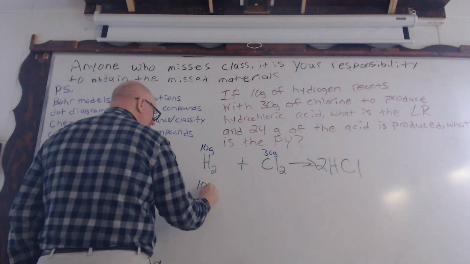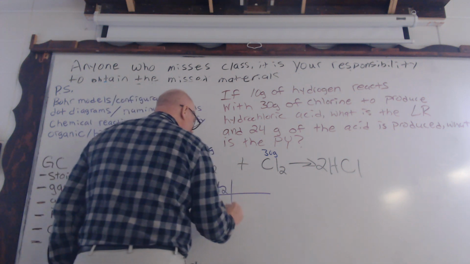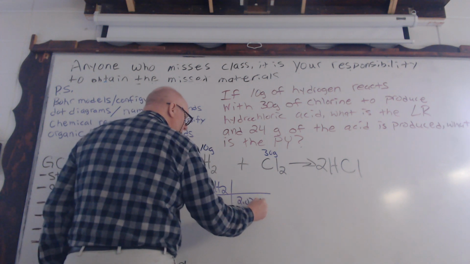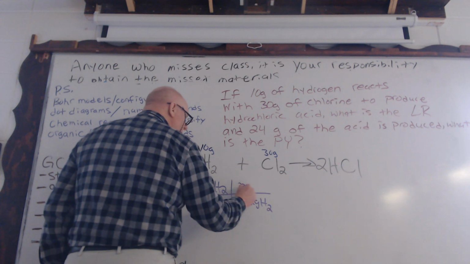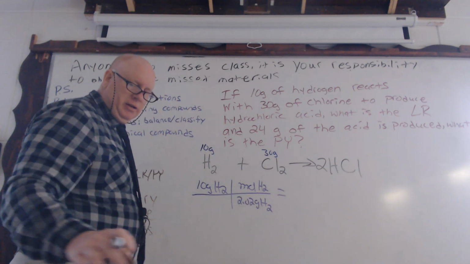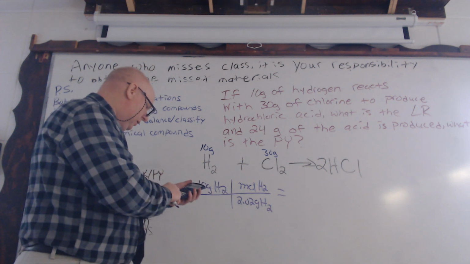So then 10 grams of H2. That gives us 2.02 grams of hydrogen per mole of hydrogen. So that's pretty close to 5, maybe just a little under.